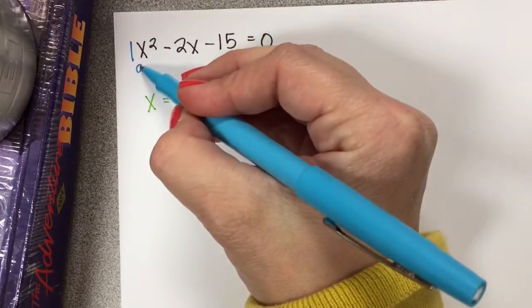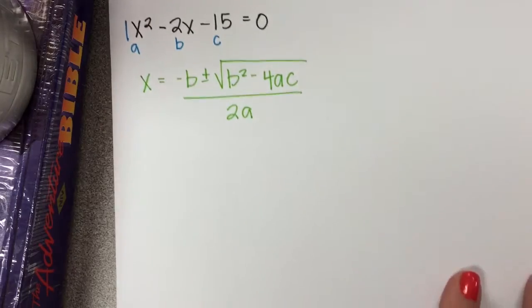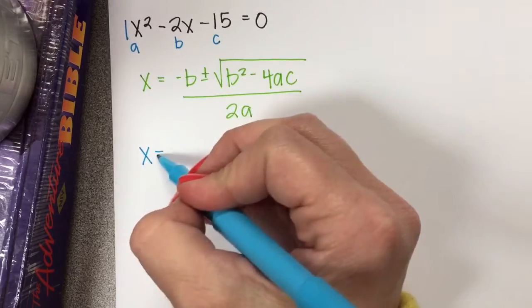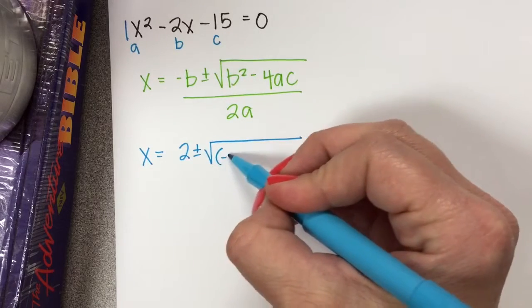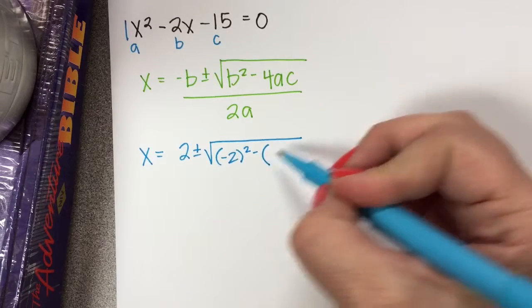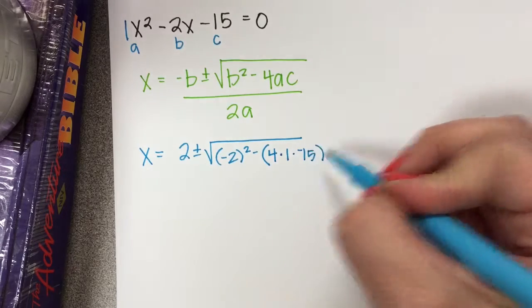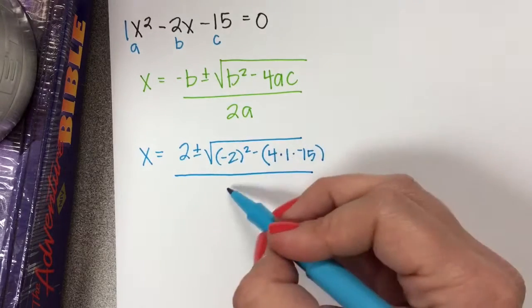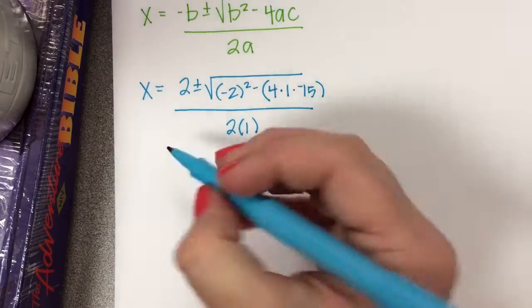This is a 1 for a, negative 2 is b, negative 15 is c. So x equals negative b plus or minus the square root of b squared minus 4 times a times c, which is negative 15, all over 2 times 1. Okay, so I plugged in a, b, and c.